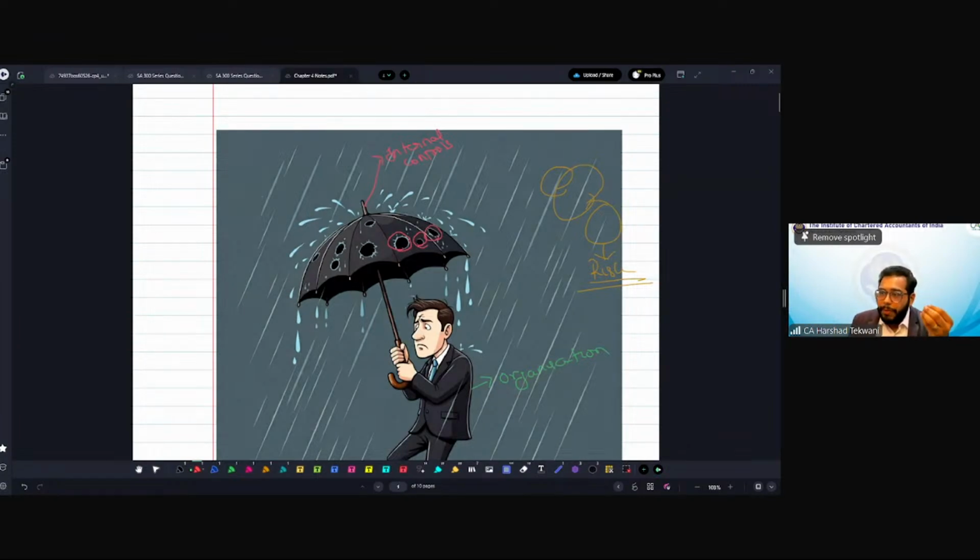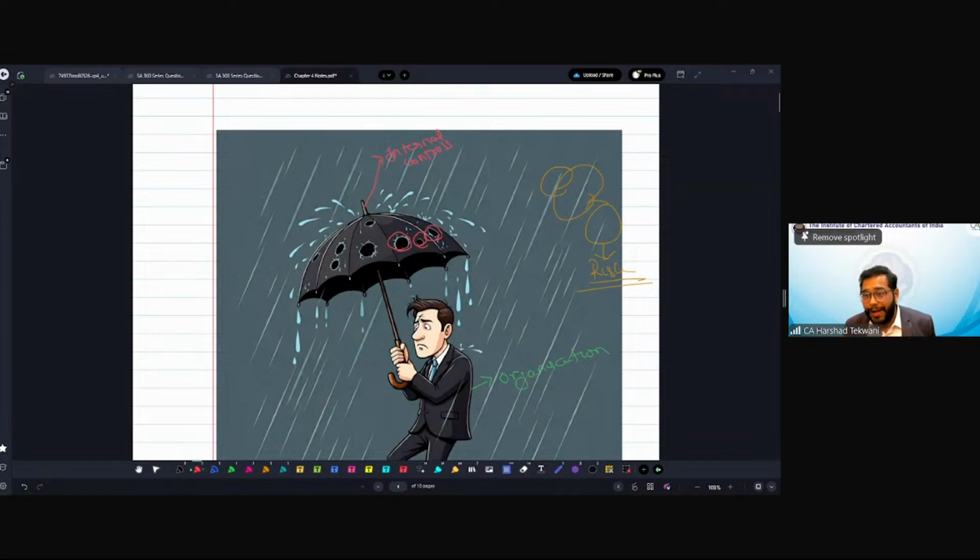Now what is the purpose of this umbrella? To stop the rain, to protect the person from getting wet in the rain. But what is happening here is that the umbrella is not working as it was expected to work. Are you understanding the point?